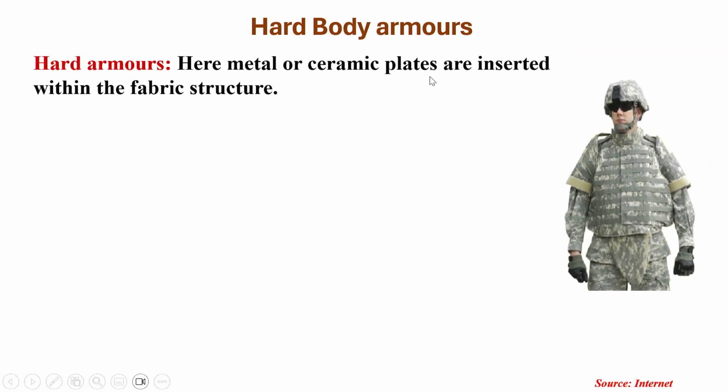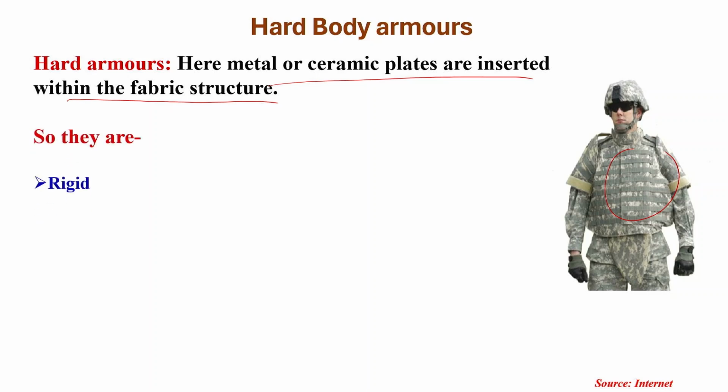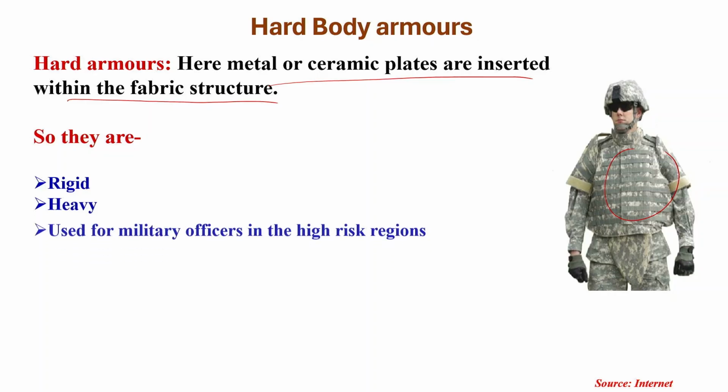Now, hard body armors: here the metal or ceramic plates are inserted within the fabric structure. So, metals or ceramics are inserted, which are useful for high threat. They are rigid and heavy.